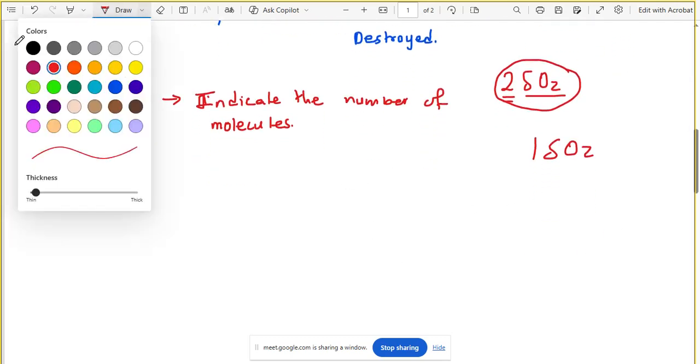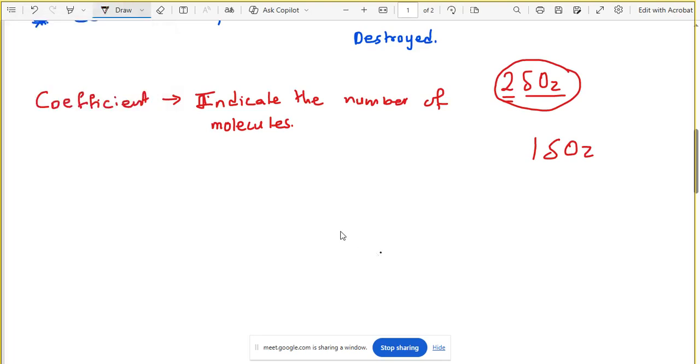When you do a chemical equation, you need to understand what we call the state symbols. The state symbols indicate the physical state or the phase of the substance at the reaction temperature.